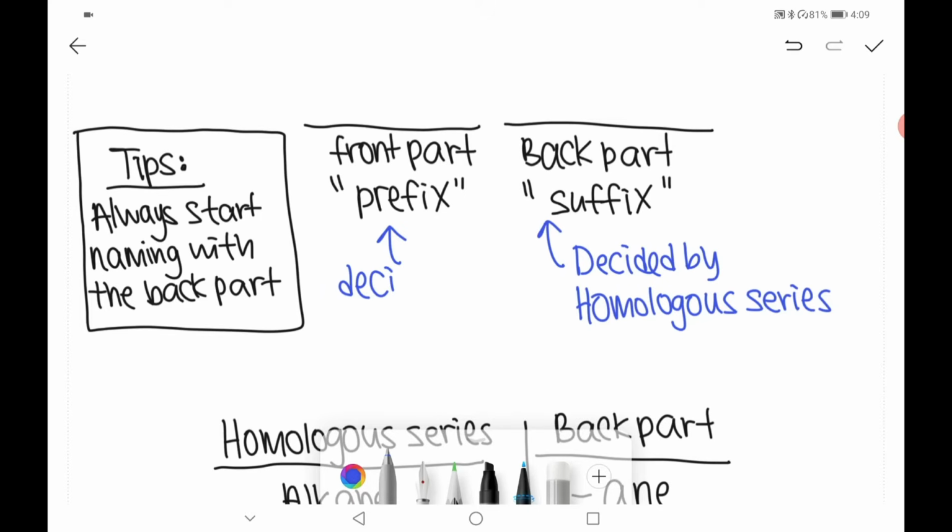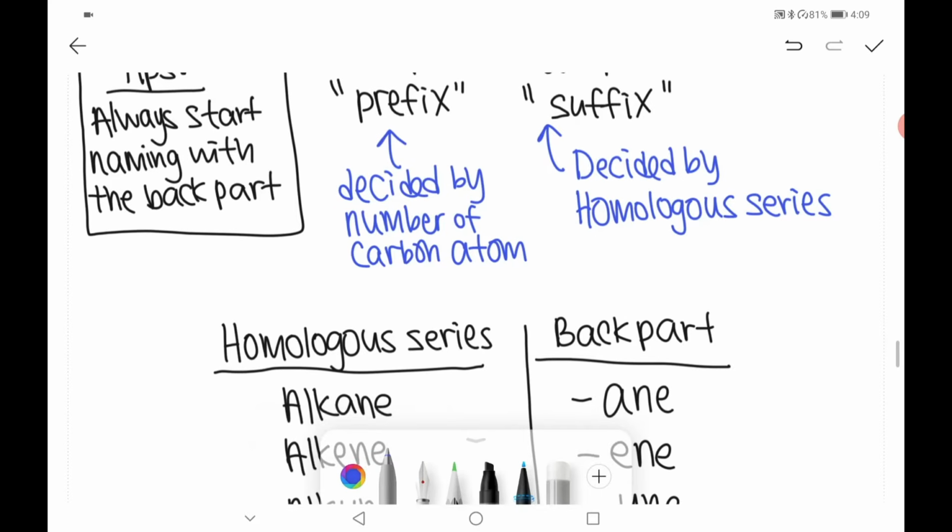The front part of the name is decided by the number of carbon atoms. You need to check how many carbon atoms you have in order to know the name of the front part.